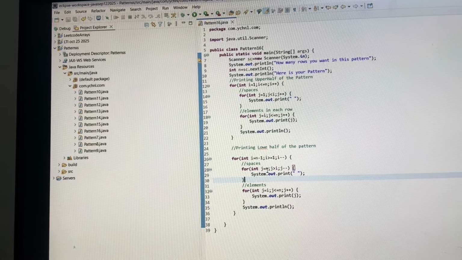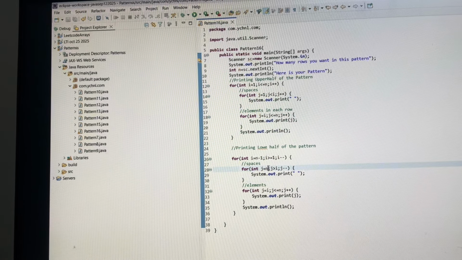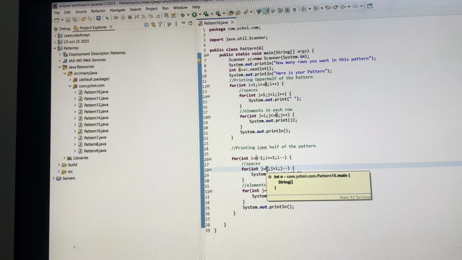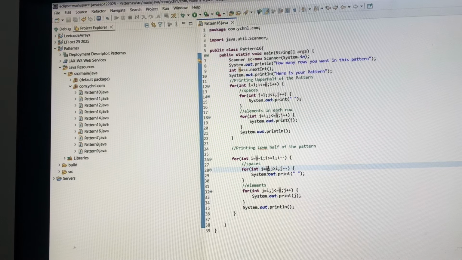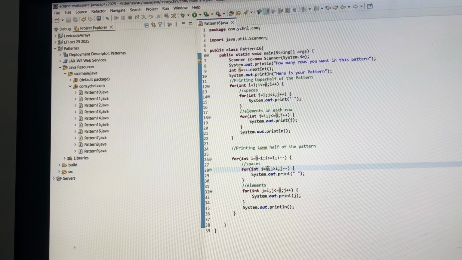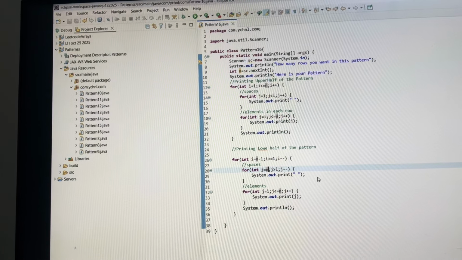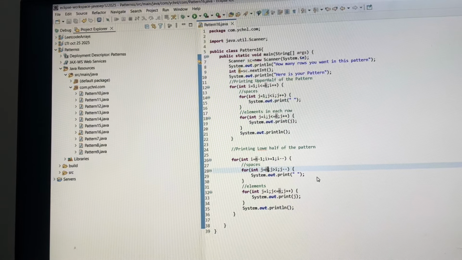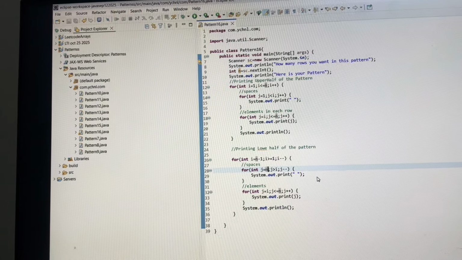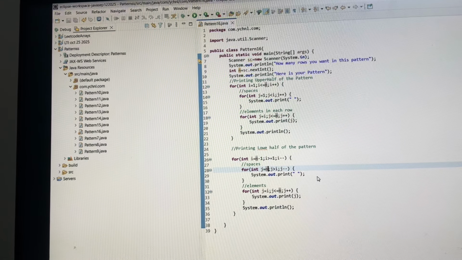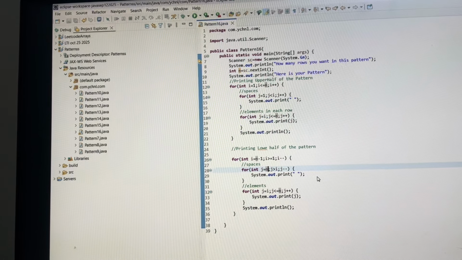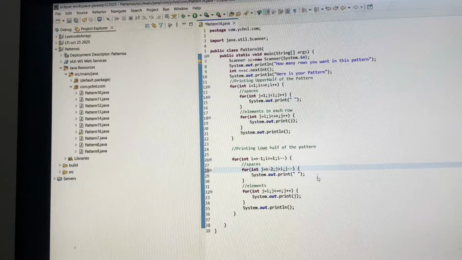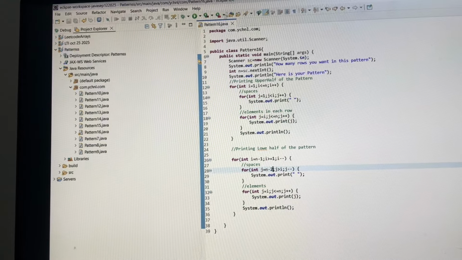So j is equal to 6 here, right? j is equal to 7 here. Okay, we'll start j equal to 6. Take spaces, only 5 it should print, right? 7 minus 2.